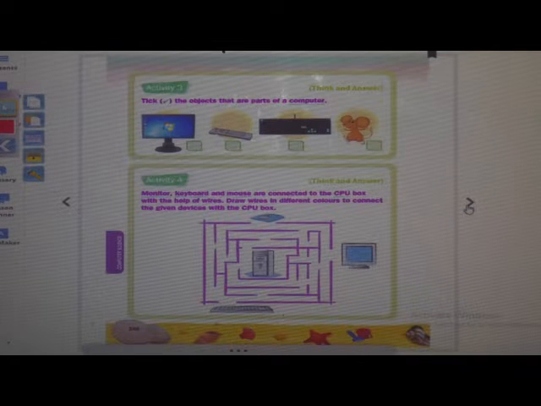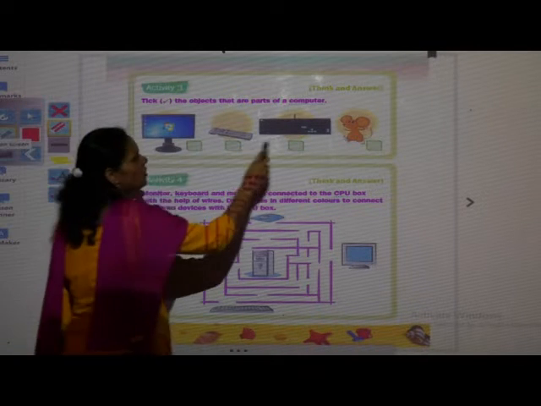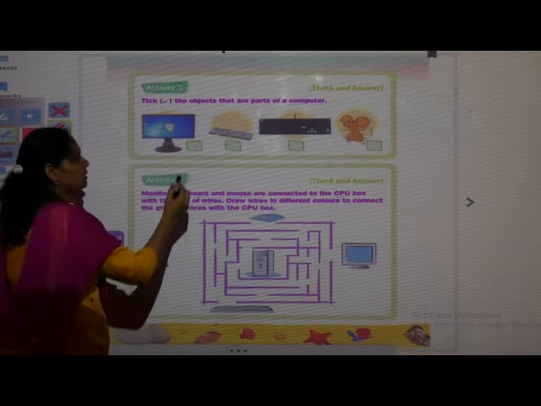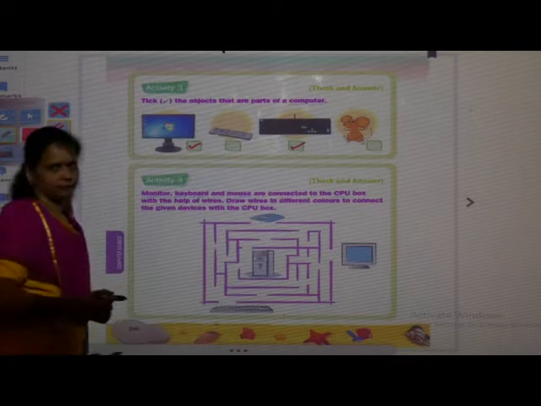So today we are going to solve activity number 3. What is the activity number 3? Tick the objects that are parts of a computer. So here 4 objects are given. In this, which are the parts of computer? That is monitor, second is keyboard.